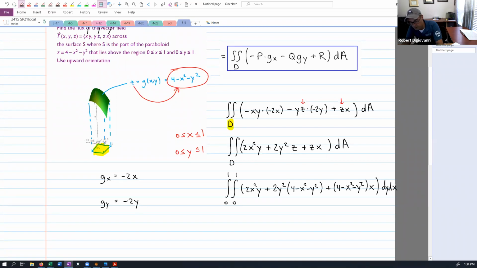Doesn't matter what order you do those in. So just remember, I replaced my z's with that. And that might look bad, but it's actually not that bad because it's just a bunch of polynomial stuff, right? So we should be able to do that given enough time.